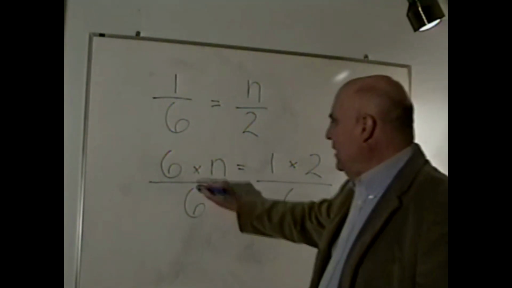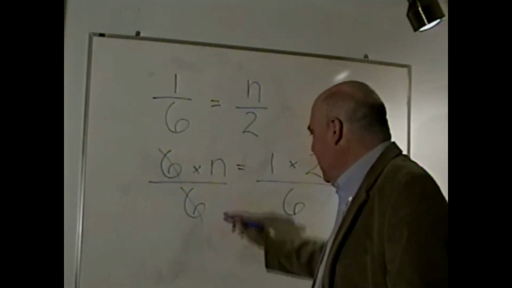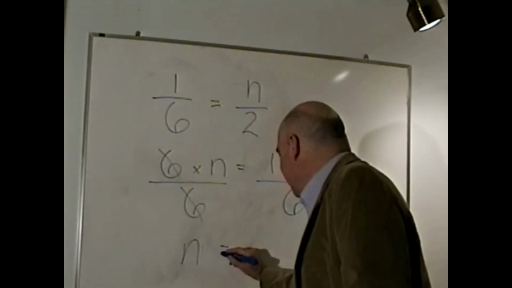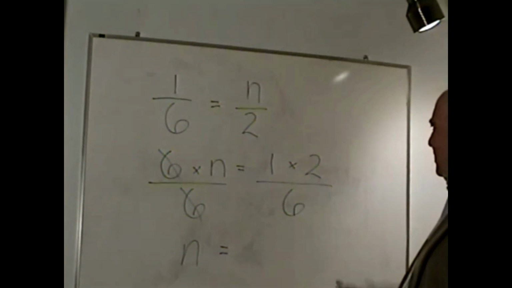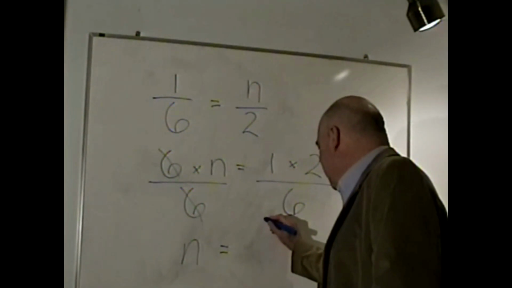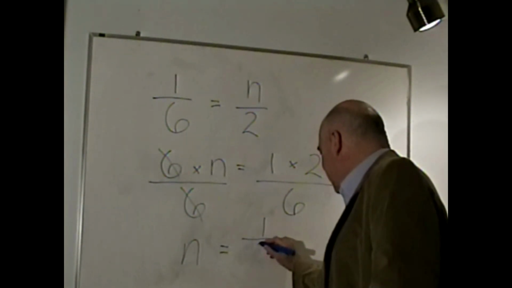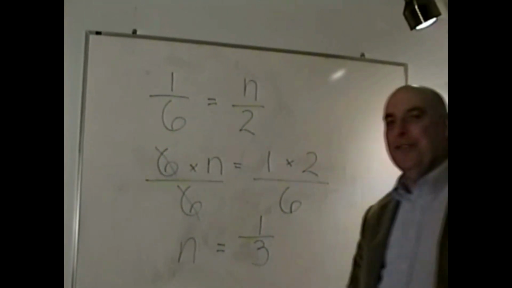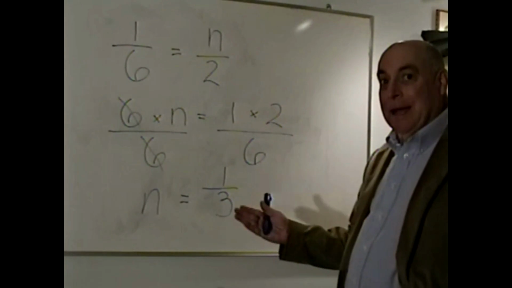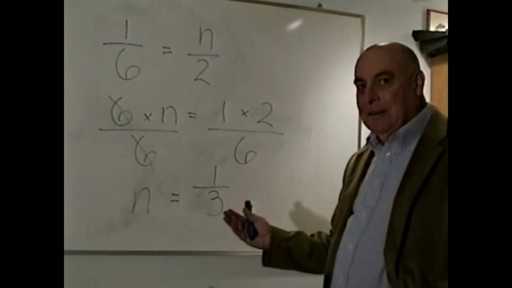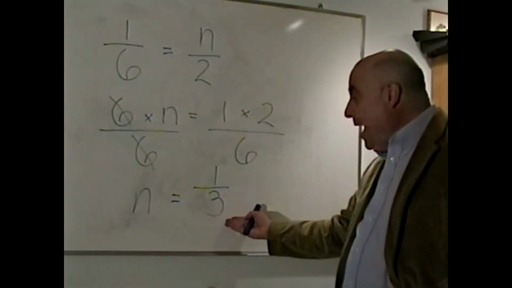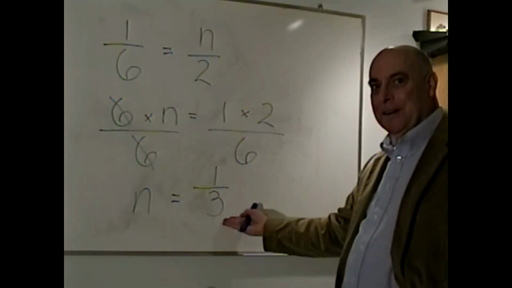On the left side, the 6's cancel, and we are left simply with n. And on the right side, we have 2 over 6, which reduces to 1/3. So we have our magic multiplier. The volume of the pyramid is equal to the base times the height times 1/3.